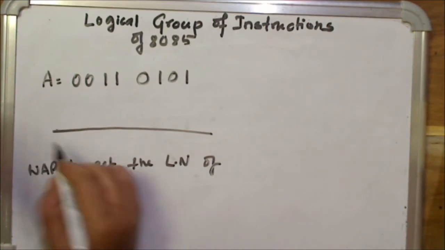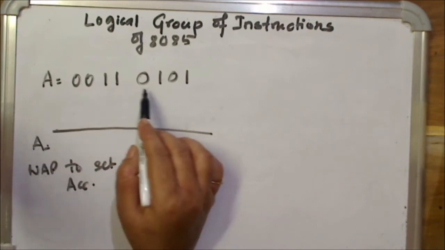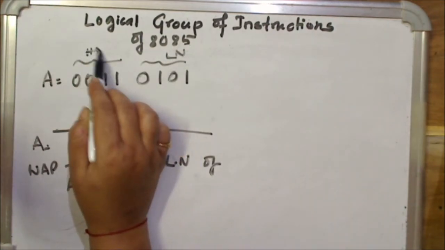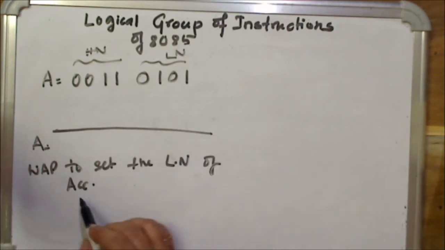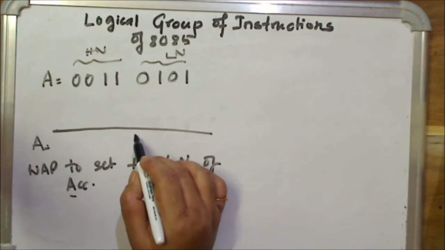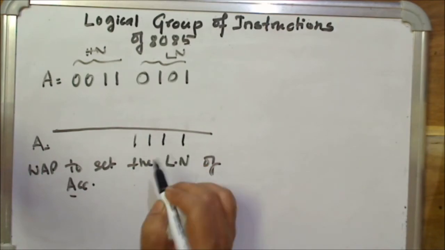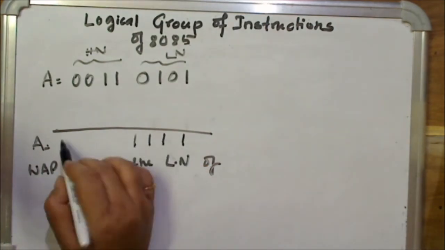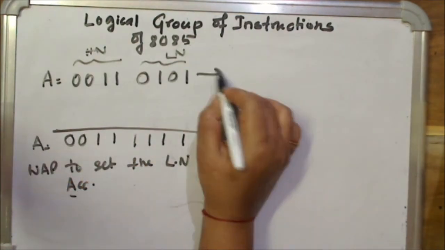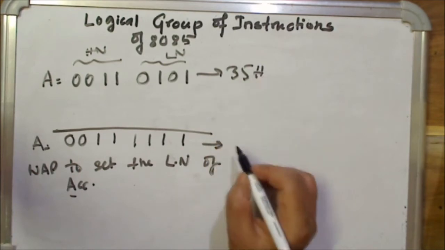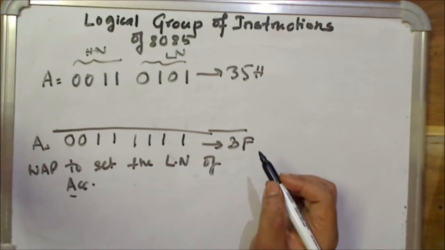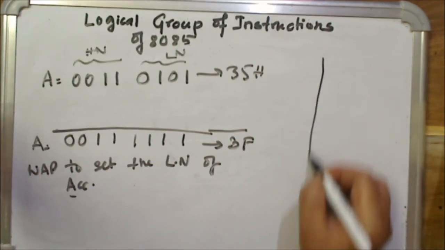This is the lower nibble, this is the higher nibble. Set means the lower nibble will become 1 1 1 1 and the higher nibble will remain as it is. That is, I want my result as 3F.